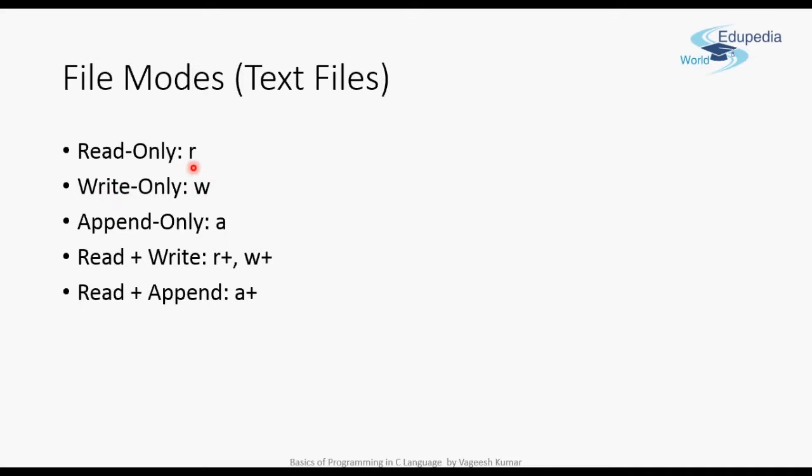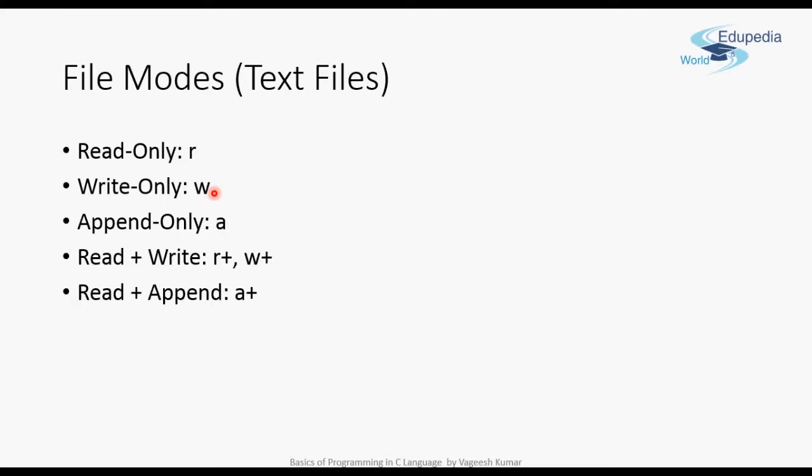Then there is a write only mode using the W option. Okay, so using this W you can only open the file in a write only mode. It will not be opened in a reading mode. Apart from that, there is an append only mode. So append only is also that you can only write into the file, but the difference between W and A is that in write only mode it will start writing from the beginning of the file.